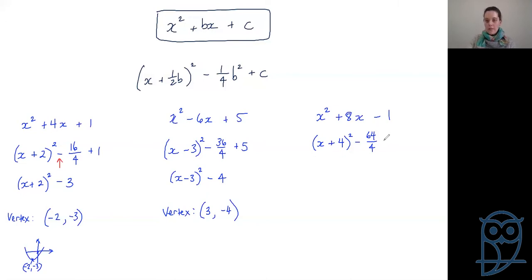It is, minus 1. Okay, so minus 64 over 4 minus 1. So 64 over 4. That gives us x plus 4 all squared minus 17.